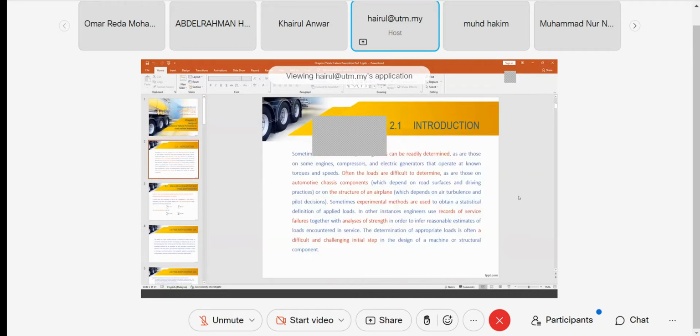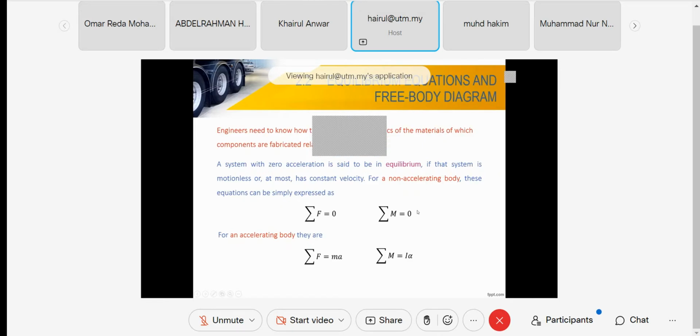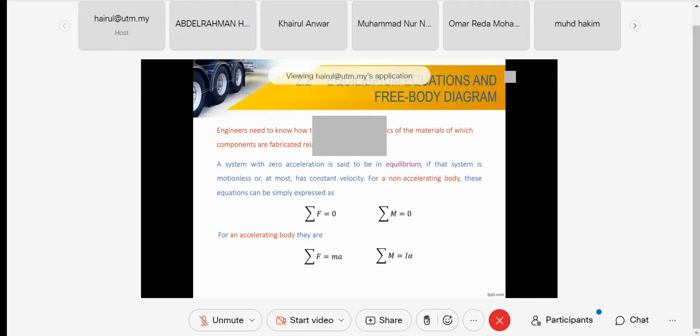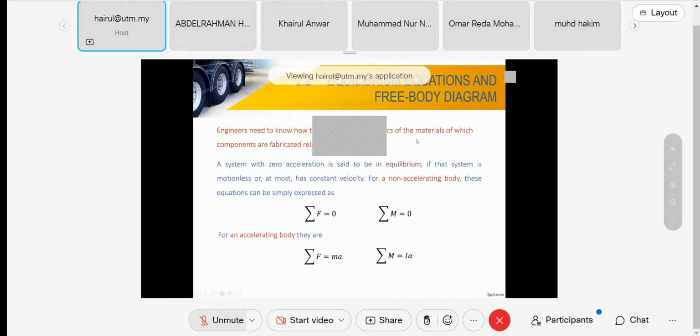Okay, if you look at this slide, I skip through this one. Can you see the slide, guys? Something is blocking, a grey color box. You can see my PowerPoint? Can see, but a grey color box is in the middle.